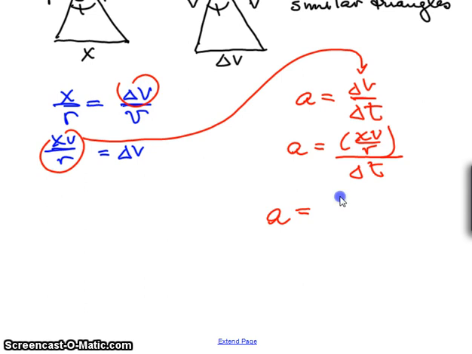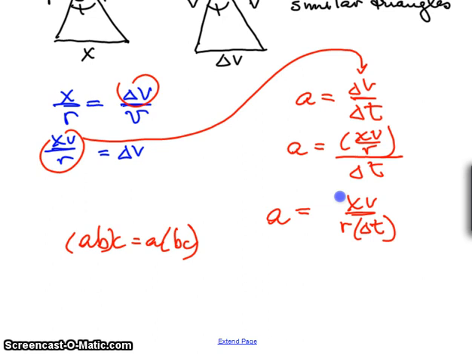It's going to be xv over r delta t. And we're going to use the associative property: ABC is equal to A times BC. And also the commutative property: AB equals BA. So we can apply these principles here.